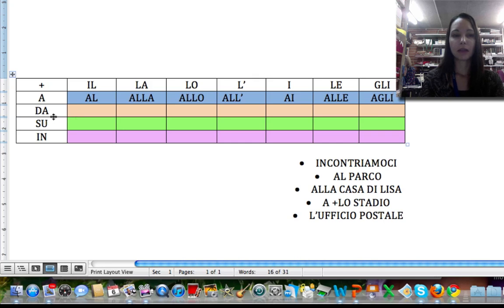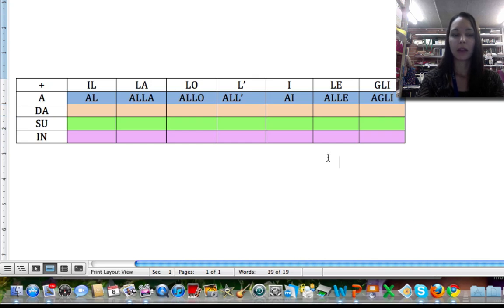Now the same thing is happening with the preposition da, from. Some examples would be: I've come from the market. So vengo da il mercato. We can't keep this like that. We need to combine it, so dal mercato.